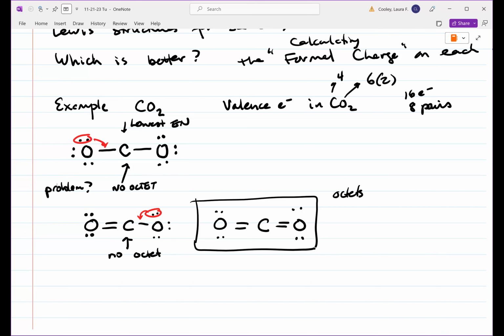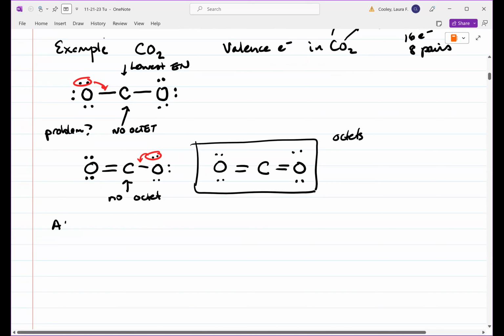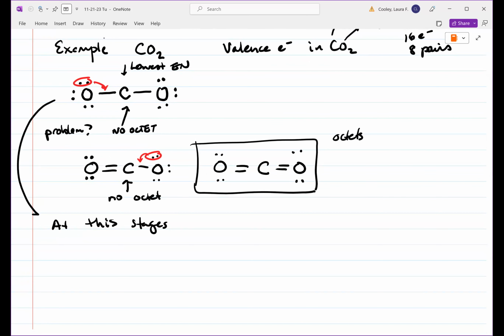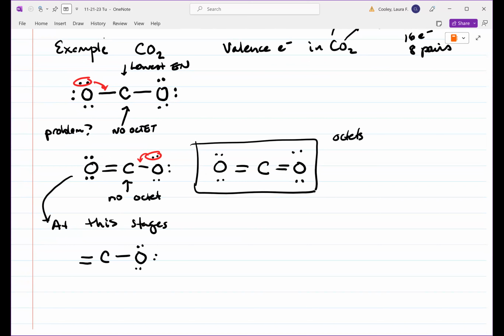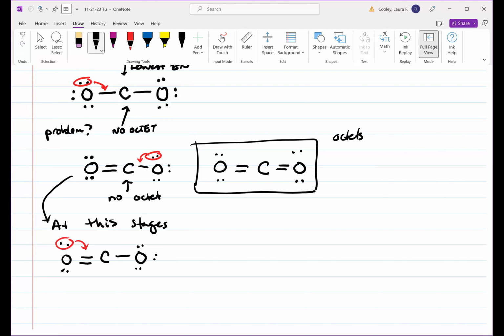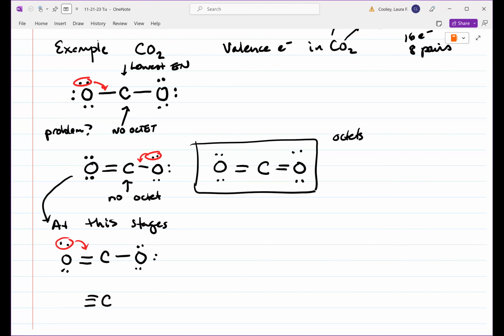So in other words, when I was at this stage of drawing the Lewis structure, I could have taken another lone pair from here and made a triple bond, and I would have ended up with this.